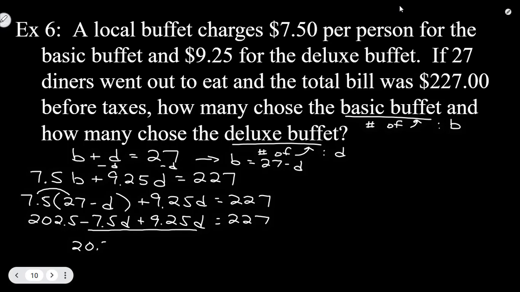Then we can combine like terms. So 202.5 plus, I think, was that 1.75D equals 227. And then we need to subtract. So 1.75D, and we're subtracting this.